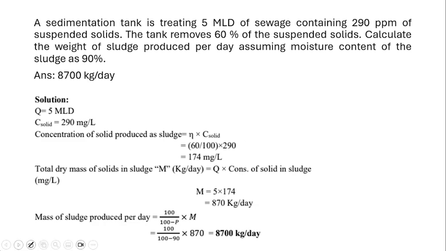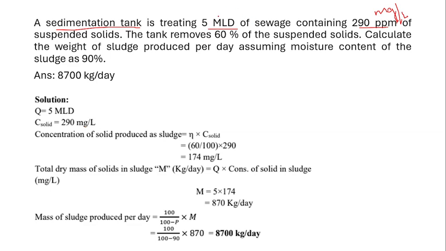In the given question, it is mentioned that there is a sedimentation tank. This sedimentation tank is treating a capacity of 5 MLD of sewage wastewater, that is 5 million liters per day, and the concentration in it is given as 290 ppm. 1 ppm is equal to 1 mg per liter, so it can be written as 290 mg per liter.